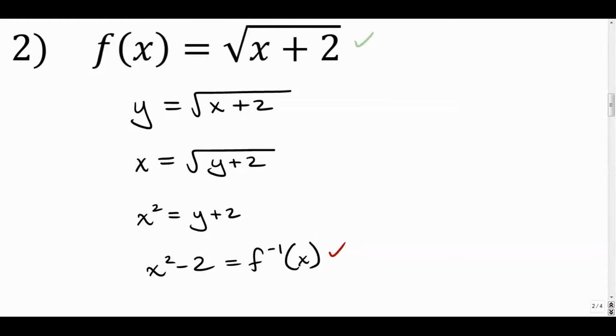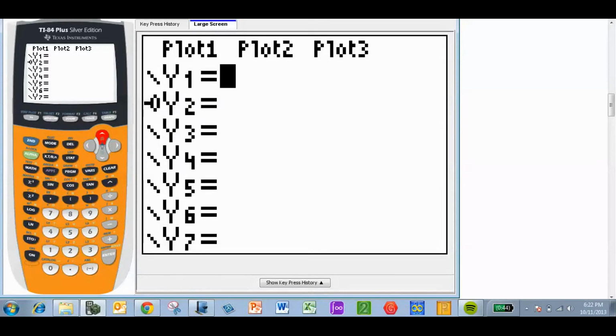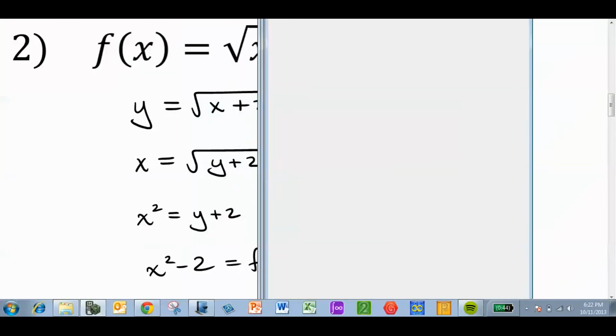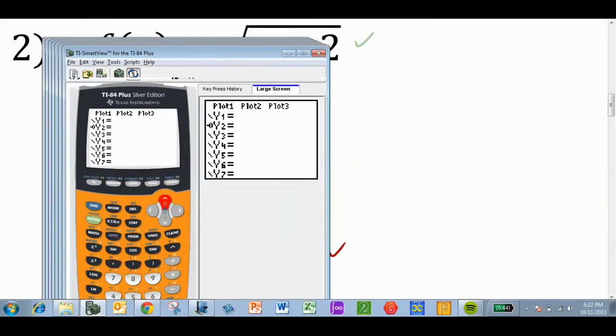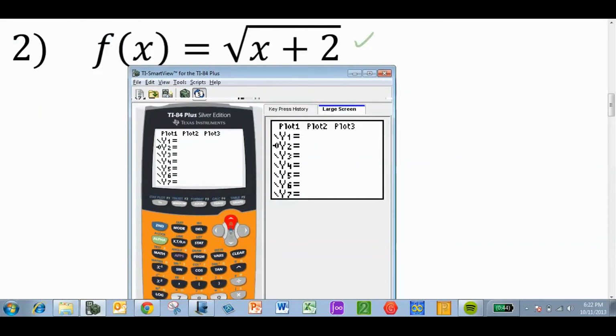All right, so let's go to the graph this time. We go to a graph, and we'll see if this makes some sort of sense here. So we have the square root of x plus 2.